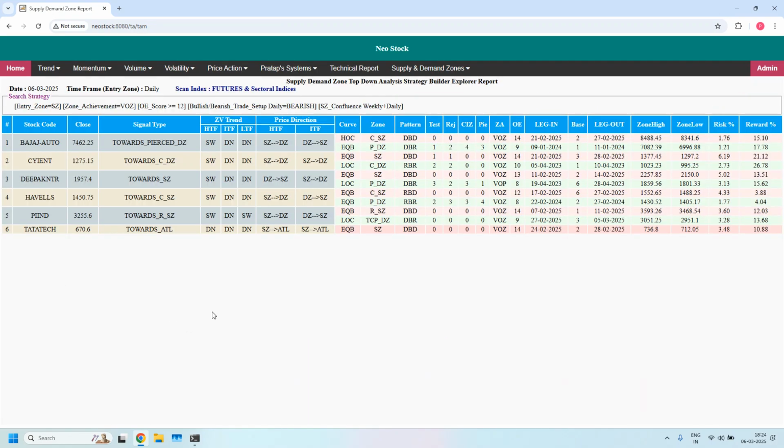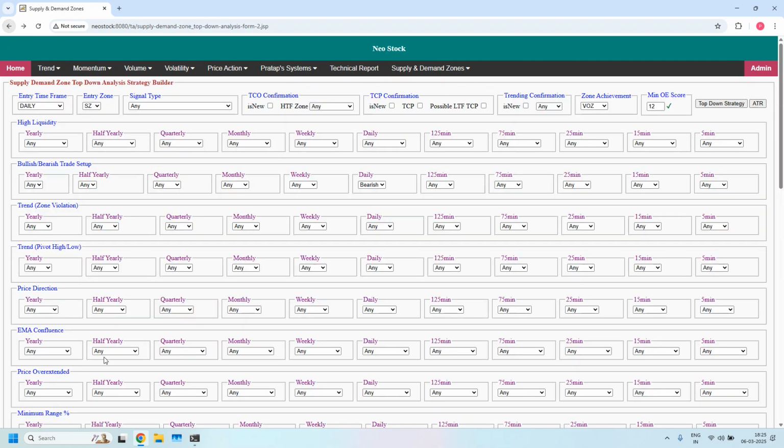That means in all these 6 stocks, these daily supply zones are overlapped with the weekly supply zones. So daily is part of the weekly supply zone. And the weekly trend, the ITF trend, is a downtrend in all these stocks. If any of the weekly supply zones has weekly EMA confluence, then those stocks have an even higher probability of success. Let's verify.